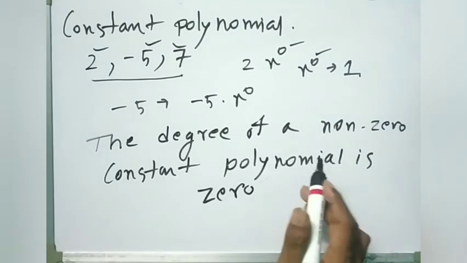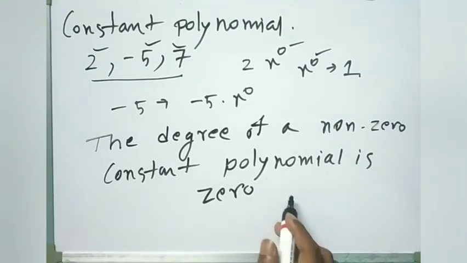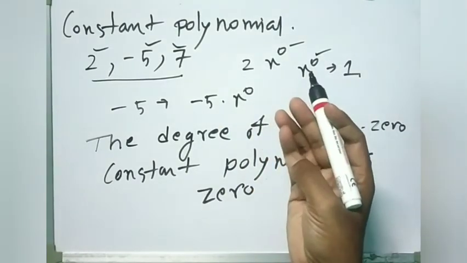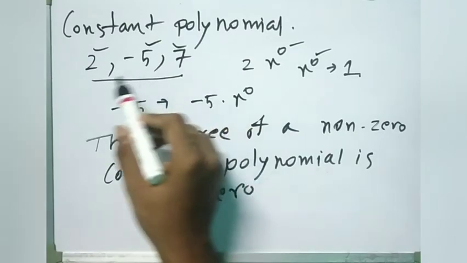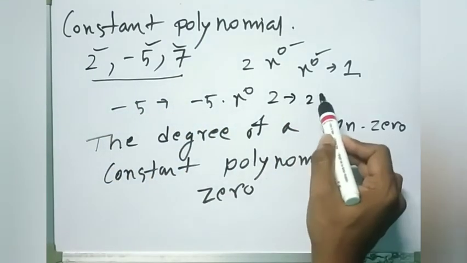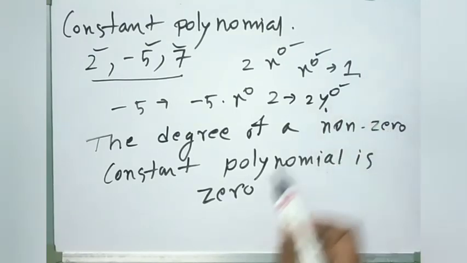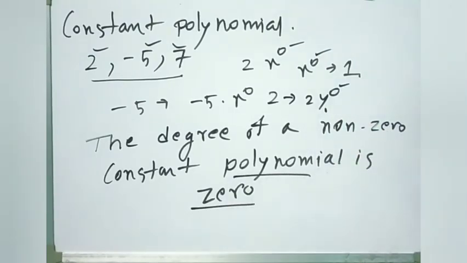I just told you that the degree is the highest power of the variable. Here the variable you may write as anything: x, y, z, r, s, t, u, anything. 2 can be written as 2y to the power 0. So the variable is y and the highest power is 0. So that's why the degree is 0.